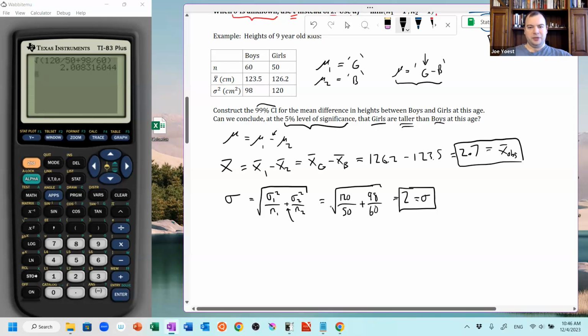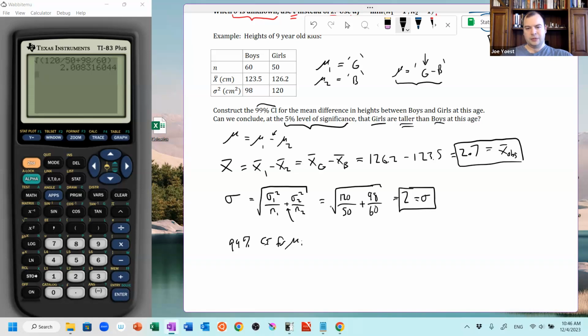And at this point, we can say, okay, we want a confidence interval. So what's our 99% confidence interval for mu, the difference between the means in this direction? So if mu were positive, the girls are taller than the boys, and vice versa.